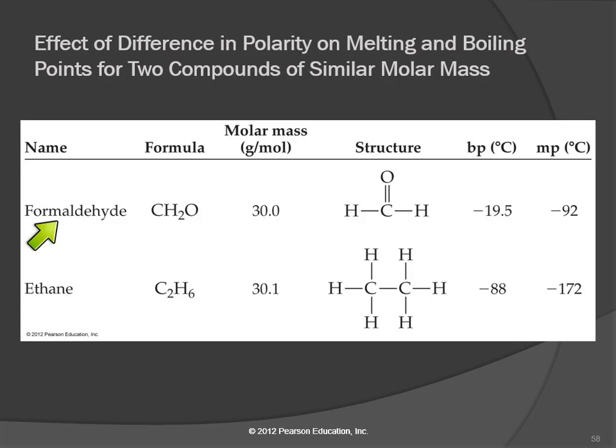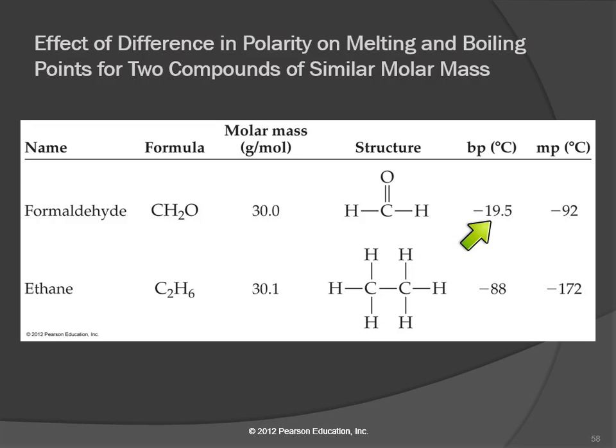So here's formaldehyde, which we just looked at, and here's ethane. Anytime you have a hydrocarbon, just carbons and hydrogens, that's going to be a nonpolar molecule. We look at these molar masses. They are almost identical. Here are the structures. When we look at the ethane molecule, we see that it's very symmetrical. It's nonpolar. Look at these boiling points.